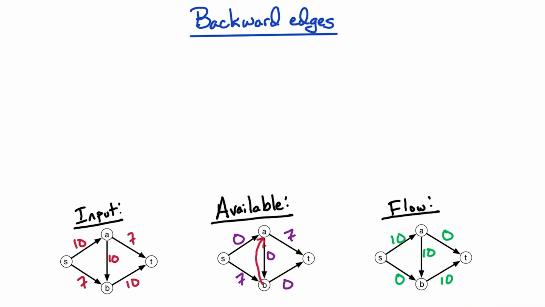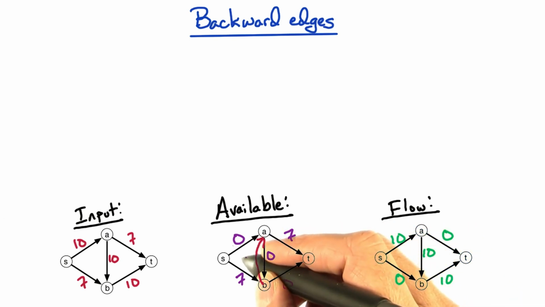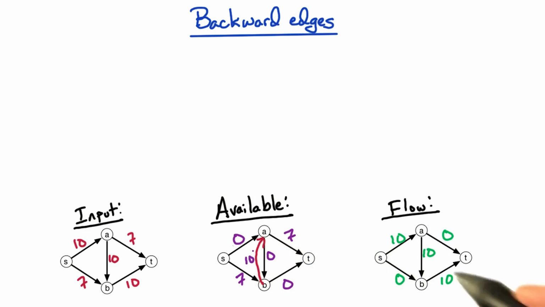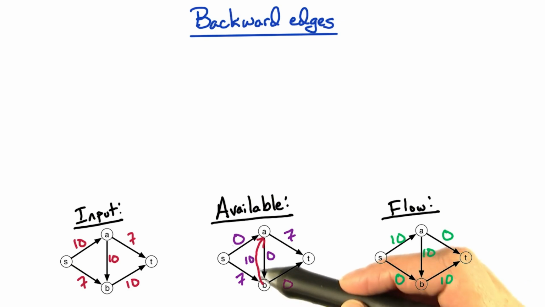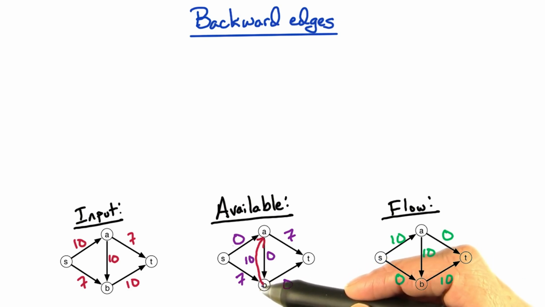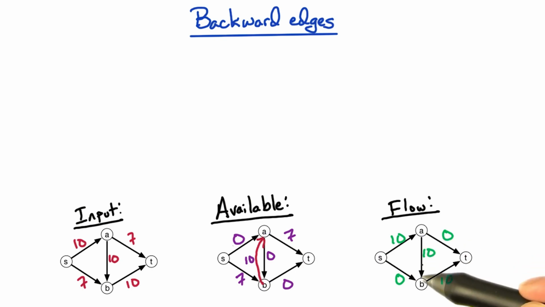In particular, we want an edge from B to A, and this edge should have available capacity 10. Why 10? Because the current flow from A to B is 10 units. So if we send at most 10 units of flow from B to A, that corresponds to decreasing the flow from A to B.